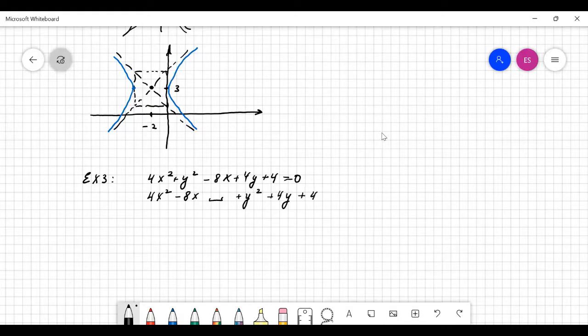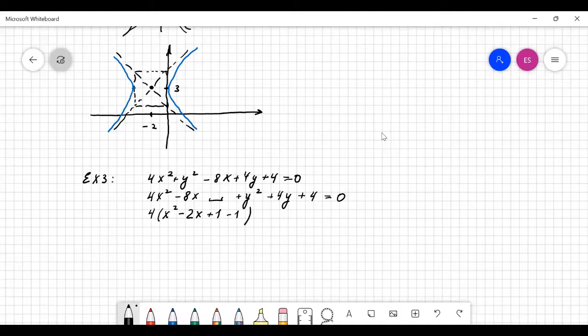And let's keep this plus 4 over here. So if I want to complete the square, first I'm going to take this 4 outside of parentheses here. Remember how we complete the square. So we have x squared minus 2x. What is missing to complete the square here? Well, if you take this 2, divide over 2, and then square, you're going to have plus 1, right? Well, remember that we cannot just add 1 over here. We're supposed to also subtract it.